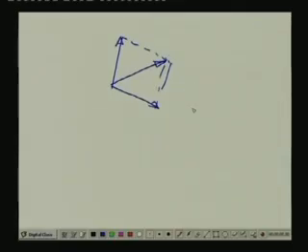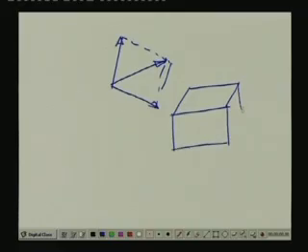Or if we are talking about forces or stresses in 3 dimensions, if we look into this parallelepiped, the forces acting in the x direction, the y direction and the z direction, the resultant of this must be acting through the diagonal of this parallelepiped, and this is the resulting stress of all these stress components.